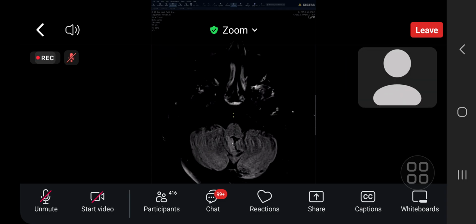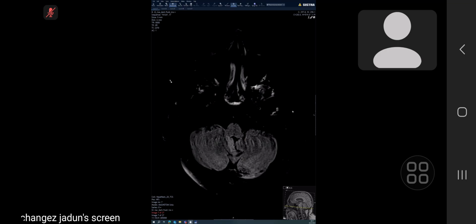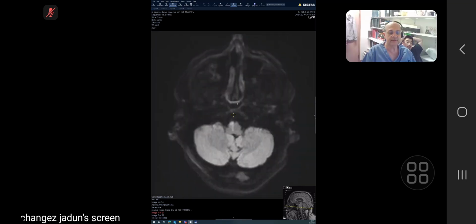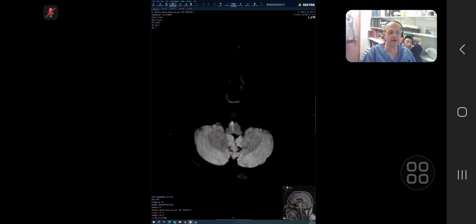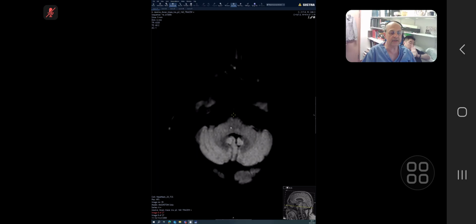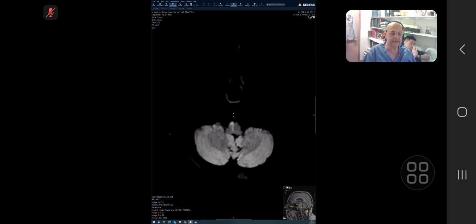And if you look at the diffusion, here you go, you have got a medullary infarct. This is the anterior right half medullary infarct. That is classical with the vertebral artery.